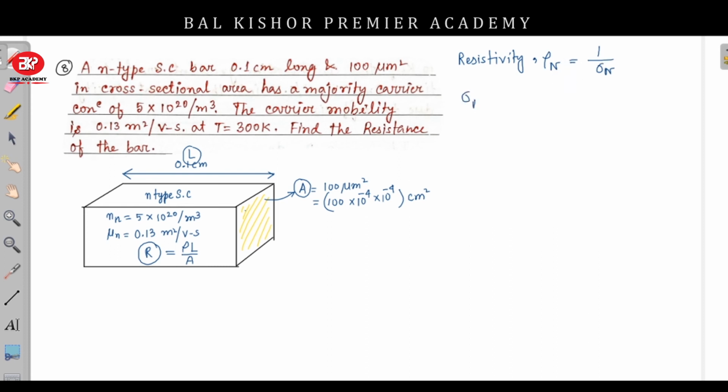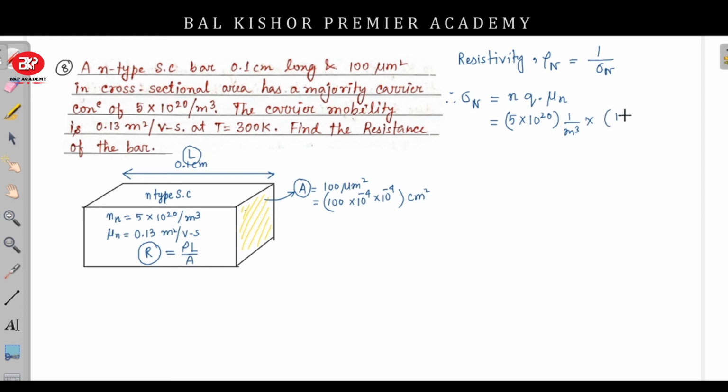So the conductivity value sigma n can be written as, we know, n into q into mu n, where n value is nothing but the nd value. यहाँ पे तो n वैल्यू गिवन है, सो nd वैल्यू में जाने का जरूरत नहीं है. सो n वैल्यू को मैं डायरेक्टली लिख सकता हूँ 5 into 10 to the power 20, and it is in 1 by meter cube.